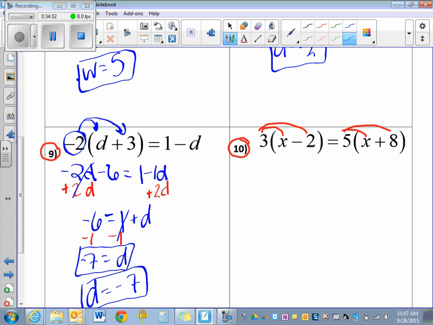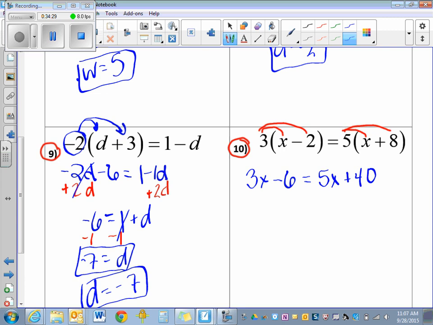Okay, so then number 10 requires us to do distributing on both sides. So I distribute my 3 to the x, so that's 3x, and 3 times negative 2, which is negative 6. On the right side, I have 5 times x, which is 5x, and 5 times 8, which is 40. Now it looks just like the problems above it.